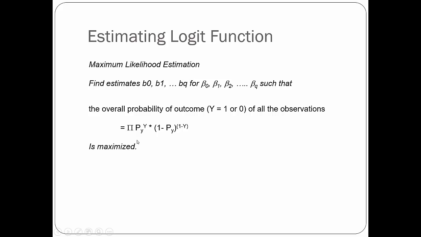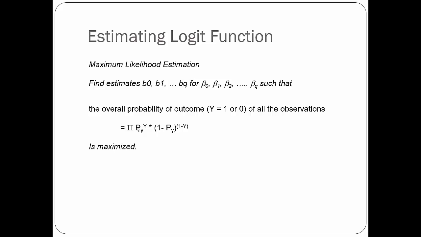This part is for just one observation. Now if you find this likelihood function for all the observations and multiply them all, that's what that uppercase pi means. When you multiply all of them, then we get the likelihood of all the different y's that we have in the observations.